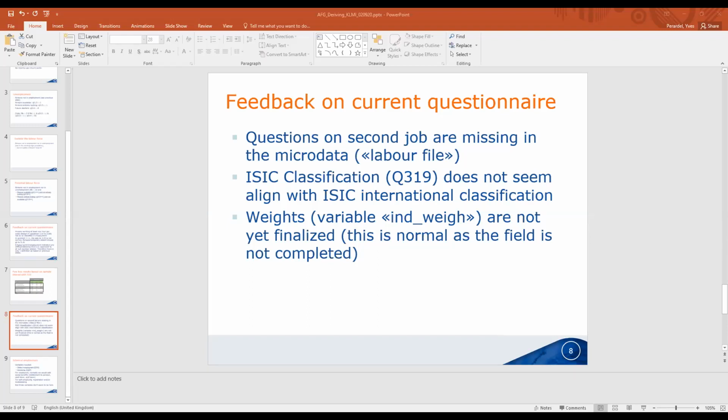Yes, as Tite mentioned, I think it's indeed correct. If the second job is too small and you don't have enough cases, then don't include it. And yes, very grateful if you can check the ISIC, because if you follow either ISIC revision 3 or ISIC revision 4, if it's the exact international classification, you should still have some persons with a code below 100, because otherwise it would mean that you have nobody in agriculture.